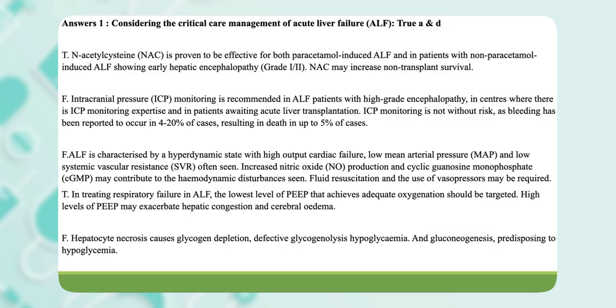Then you have to remember the criteria for diagnosis of acute hepatic failure. So what is the criteria? Can anybody utter these things? What is the criteria to diagnose acute liver failure?